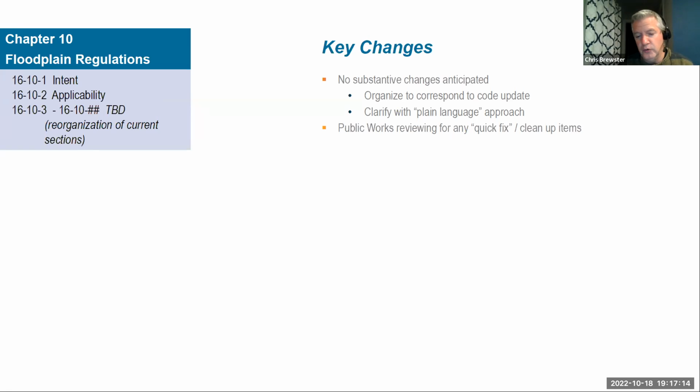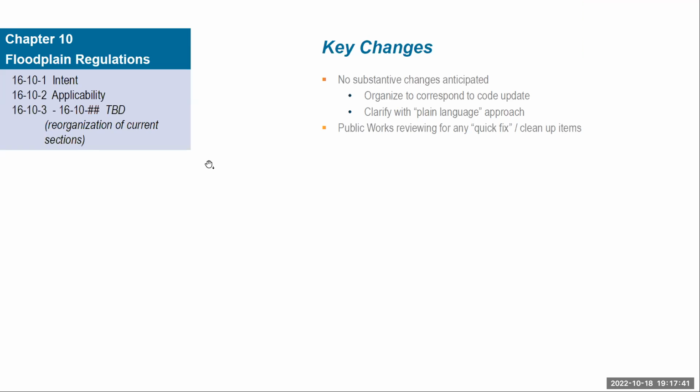Unless you all have heard from others that there are things that are wrong with that, that's what we plan on doing. I think there's a lot of opportunities to integrate some of these things into more civic design assets of the community, whether it's streetscape or open spaces. We want to make that happen to any extent we can. And so that's what we're looking for with regard to chapter 10.